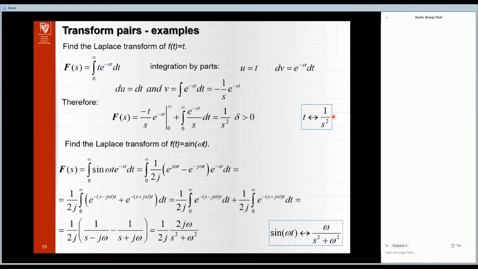Okay, and it is also possible to find the Laplace transformation for the sinusoidal functions. In this case, it is a good idea to use the Euler equations, and so you see here sin omega t.